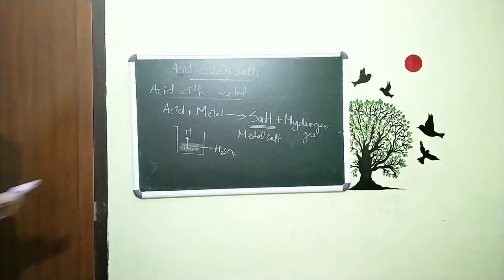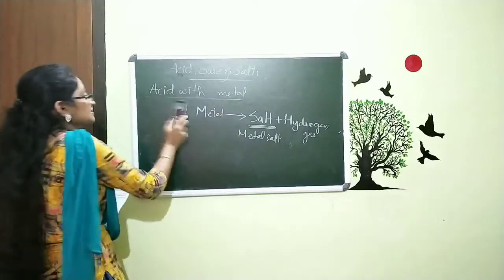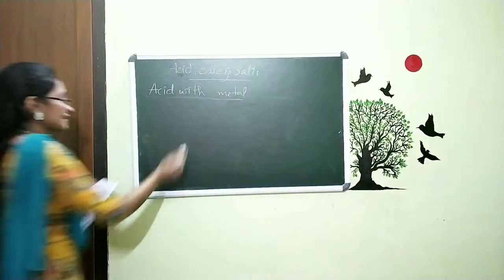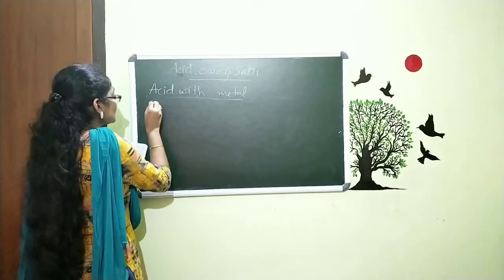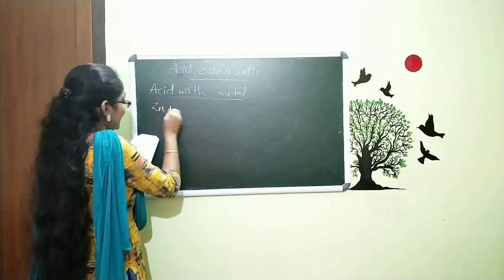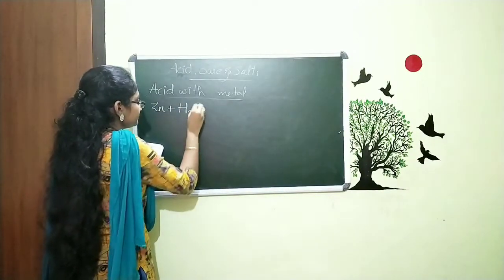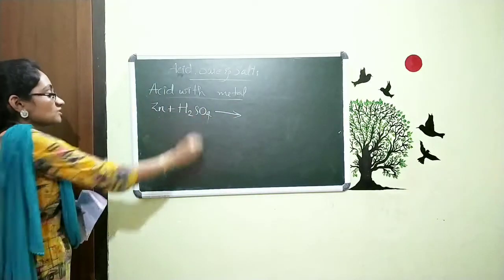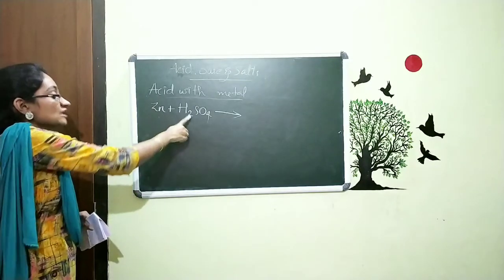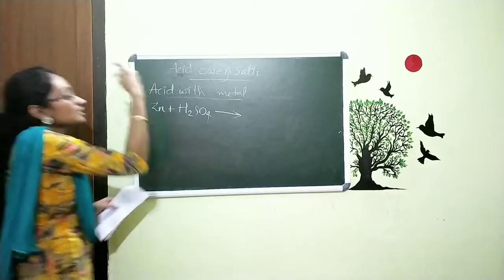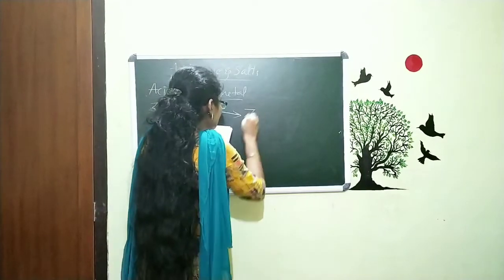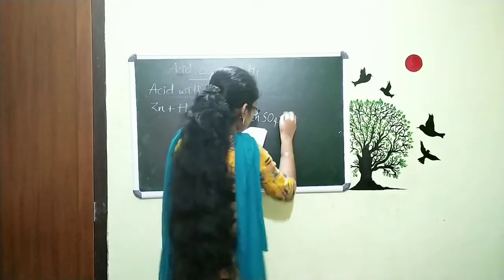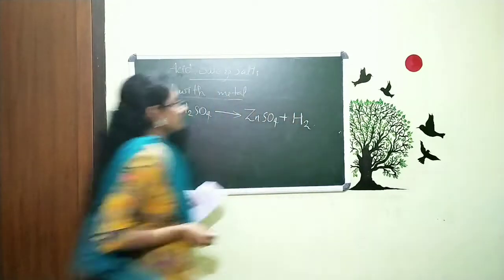Now we are going to study the equations for some types of reaction. The first one is the reaction of zinc and sulfuric acid. Zn plus H2SO4, that is the reaction between sulfuric acid and zinc. The products are ZnSO4 plus H2.